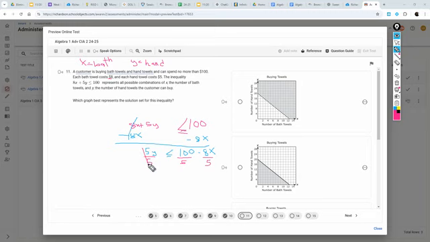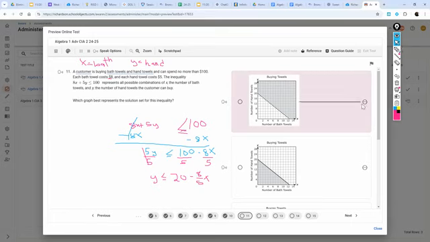Now y is less than or equal to, which means it's going to be shaded below. And 100 divided by 5 is 20. And then it's going to be negative 8/5 x.